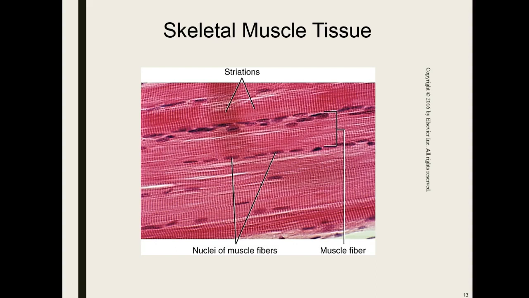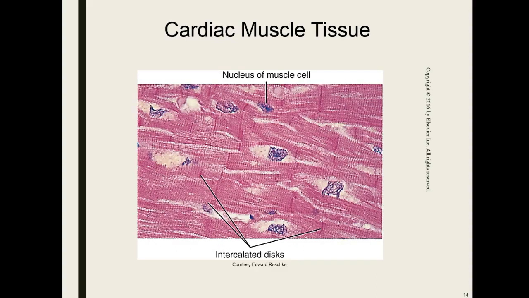So here's skeletal. You can see those striations throughout. Again, this is voluntary. We are in control of when it contracts and when it releases. Here's cardiac. You'll see that it looks pretty similar with those striations, but keep in mind this is involuntary. We cannot decide when our heart contracts and when it relaxes.